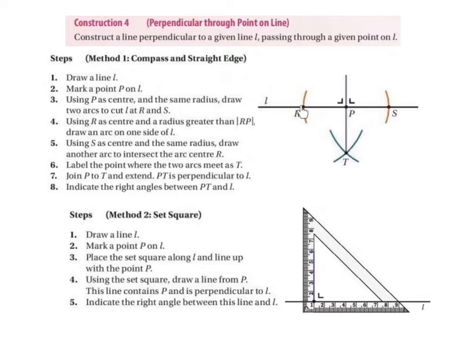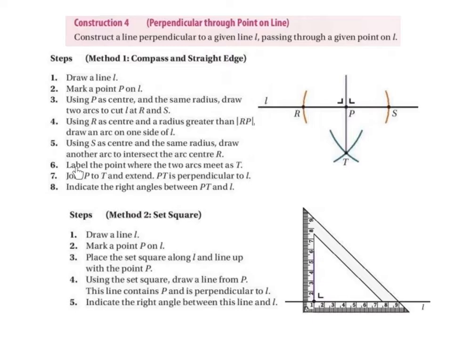So from the point R, you draw an arc, and without changing the compass, at the point S, you draw another arc. Using S as the centre and the same radius, draw another arc to intersect the arc centre R.